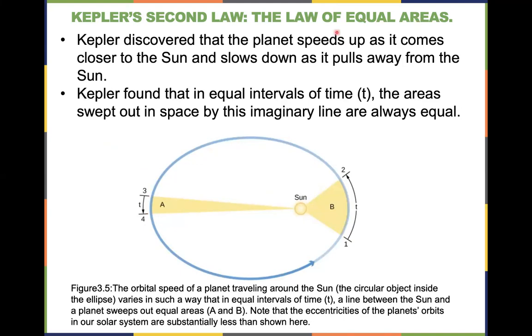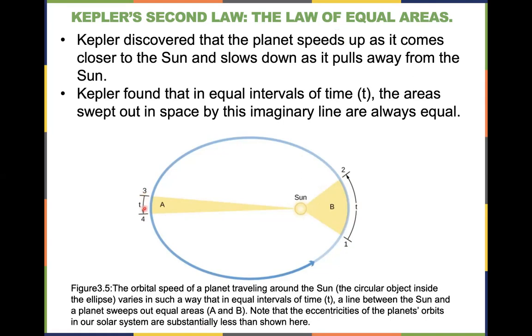So what he stated here is that in equal times, it will sweep out equal areas, which means for a particular time t, a planet may go from point 1 to point 2 on this side, but the distance that it will cover on the other side will be smaller in the same time.